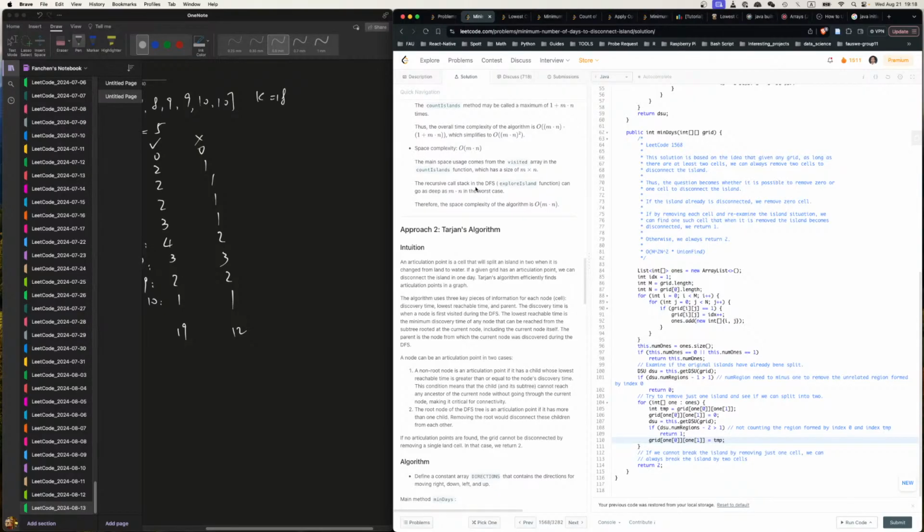And it says a non-root node is an articulation point if it has a child whose lowest reachable time is greater than or equal to the node's discovery time.